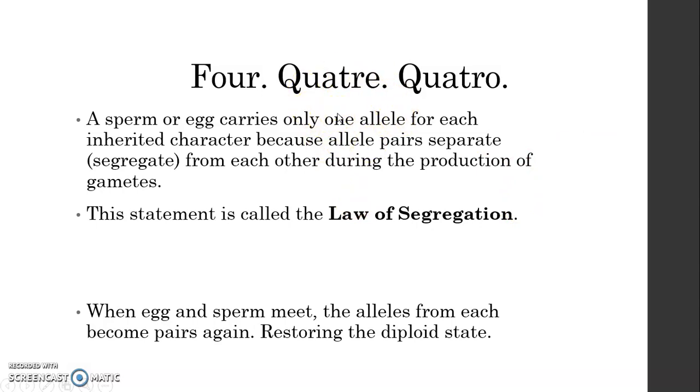We call that the law of segregation. They're going to segregate, or separate from each other, during gamete production, during meiosis. And then when the egg and sperm come together, the alleles will form pairs again, and that restores the diploid state. So a zygote, a fertilized egg, is going to be diploid.